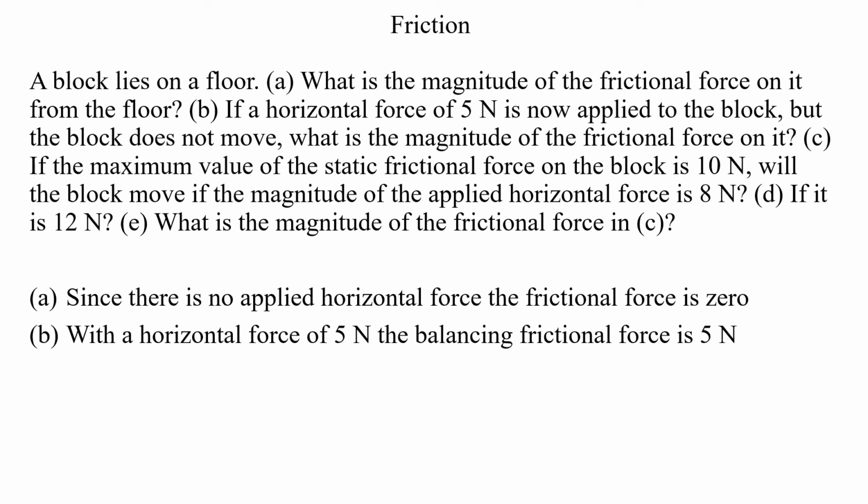Well, then the frictional force is going to be 5 newtons, so that the net force is 0. So the corresponding static frictional force is only going to be equal to what I push, so that the net force is 0.